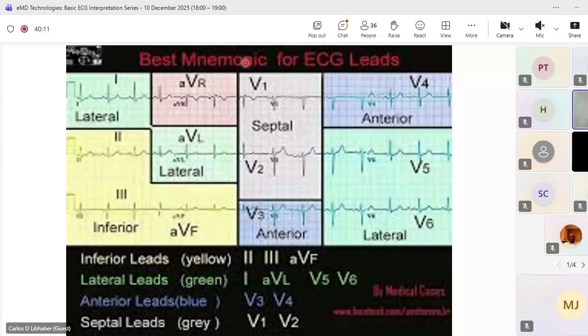V1, V2 is septal. Lead 2, lead 3, and AVF, remember AVF, feet, floor, inferior. V3, V4, anterior. So this one, you have to learn it well to remember which area you are looking at.